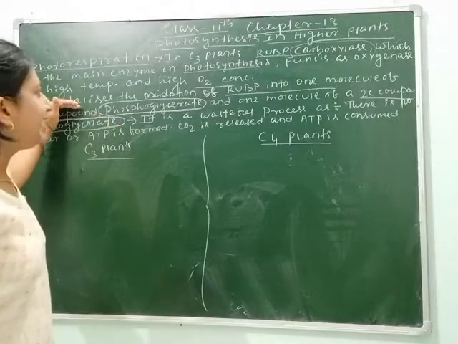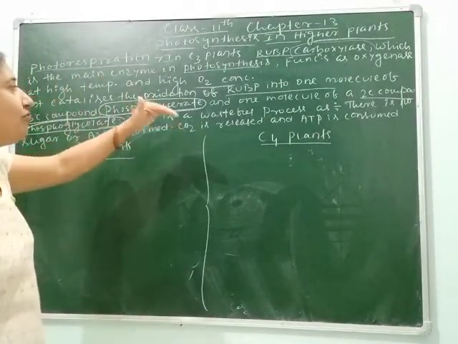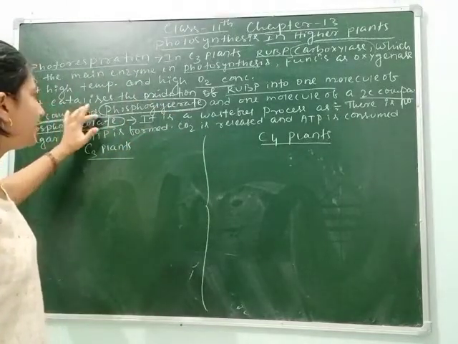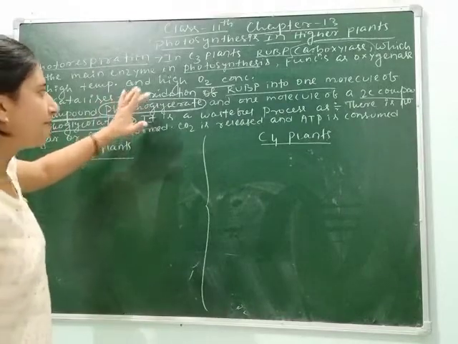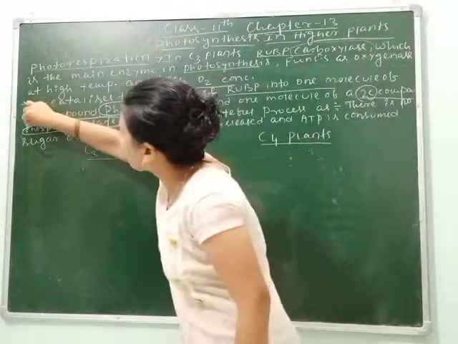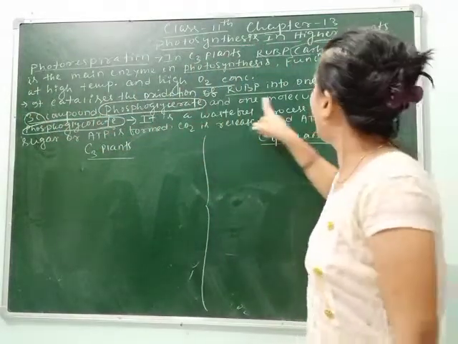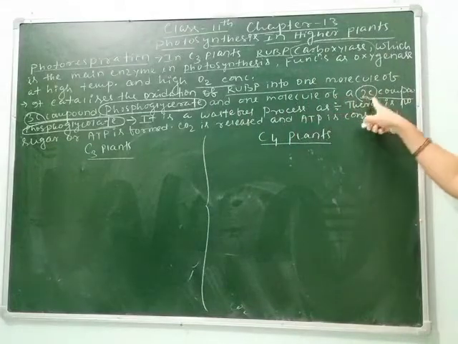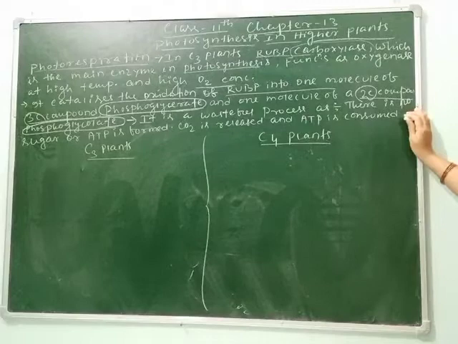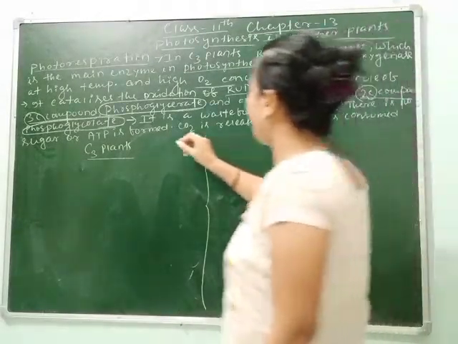Here the 3-carbon compound is phosphoglycerate, and here the 2-carbon compound is phosphoglycolate. Clear? So it is a wasteful process as there is no sugar or ATP formed.